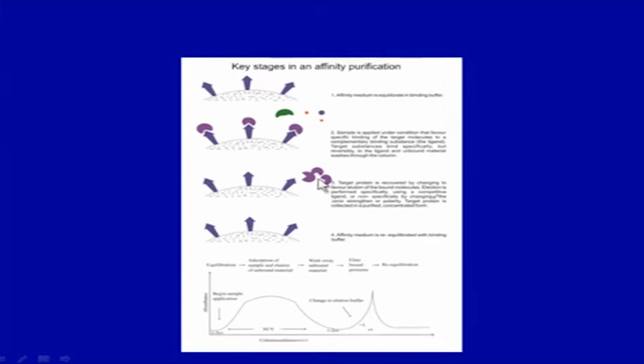Then the target protein will be eluted or recovered by changing the conditions, and finally, you can regenerate it. Now, you can see this graph: the non-bound or non-specific compounds come out first, and then your peak could be eluted as a very sharp peak in a concentrated form.